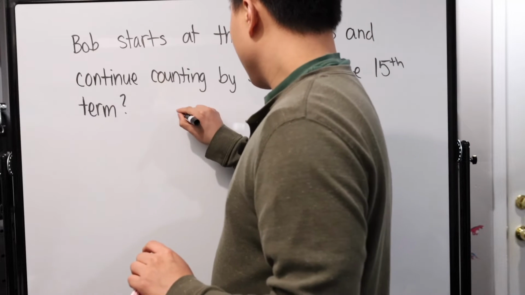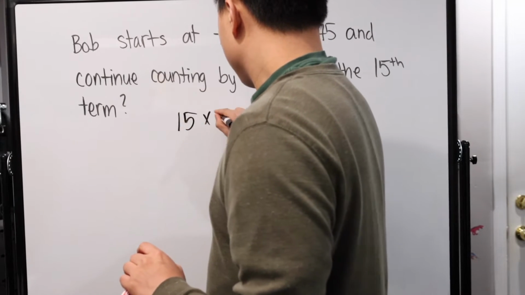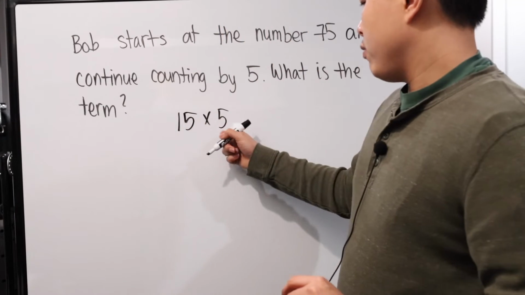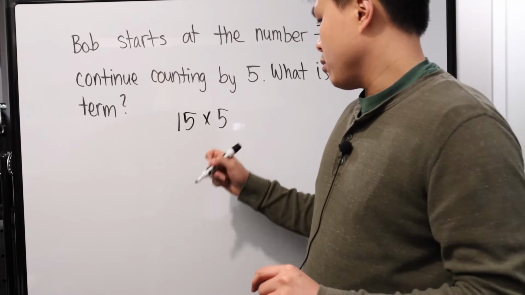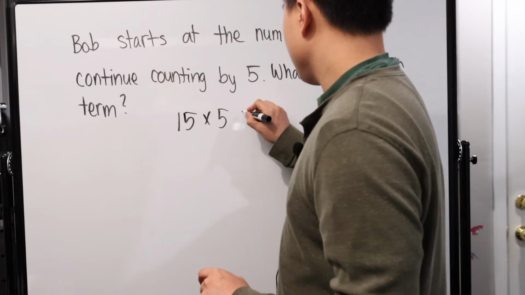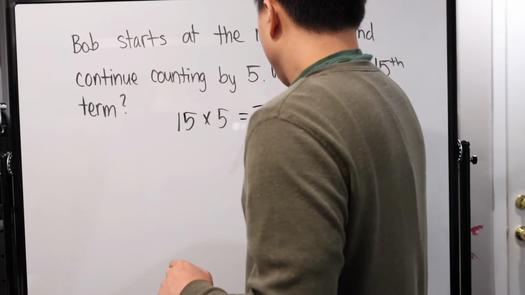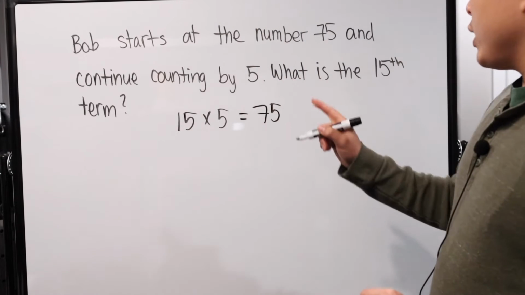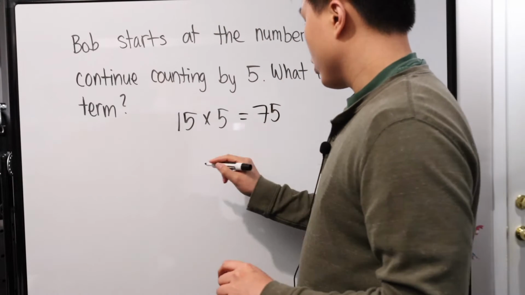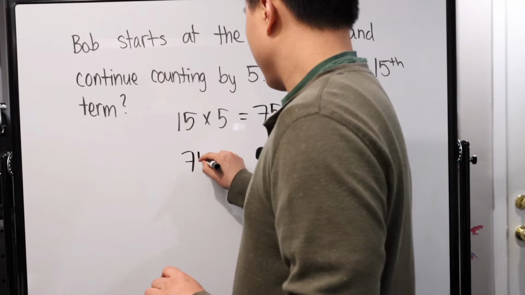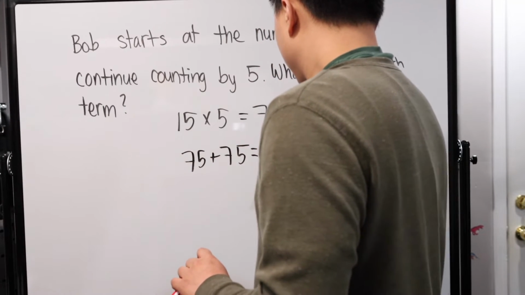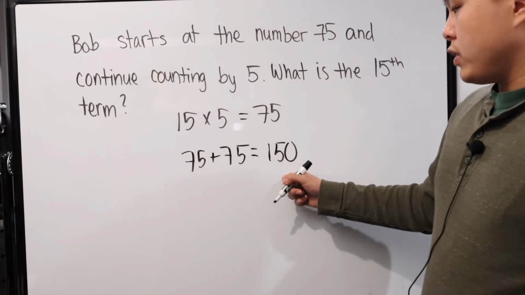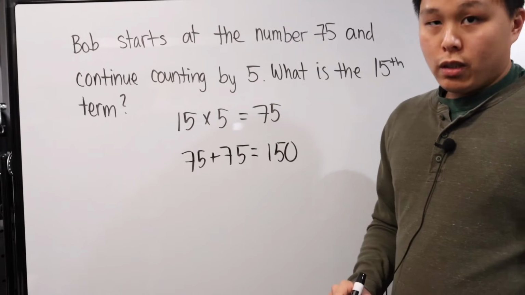Well, let's do that. 15 times 5, what is that? 5 times 5 is 25, and then 10 times 5 is 50, so 25 plus 50 is 75. And then we have to add it to the original 75, so 75 plus 75 is 150. So the 15th term is 150, correct?